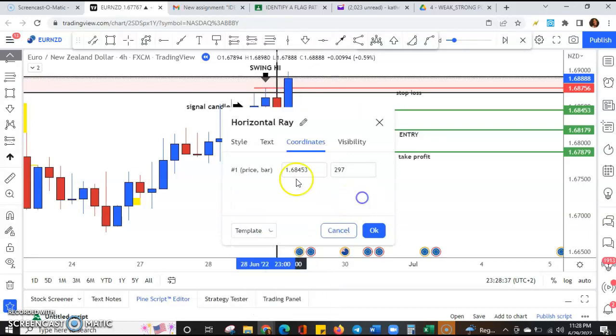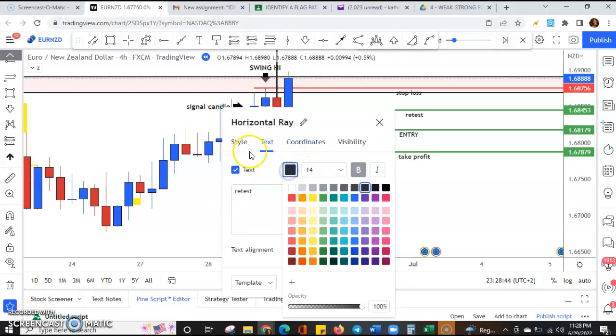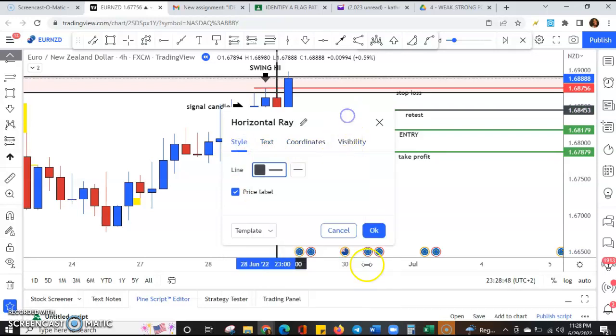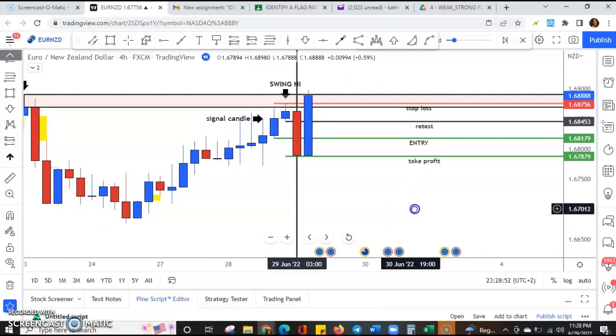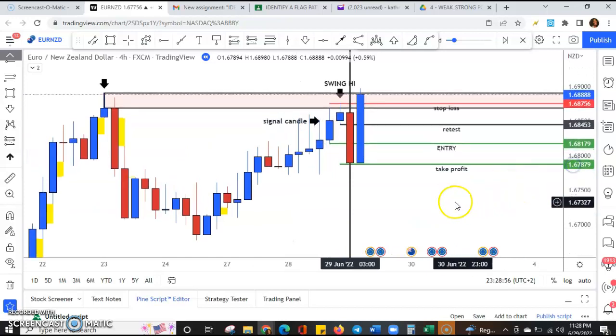I do not have it saved. So this is where he was looking to retest and then take the market down for a sell. Okay, so if you had a sell limit, of course you would have lost this trade.